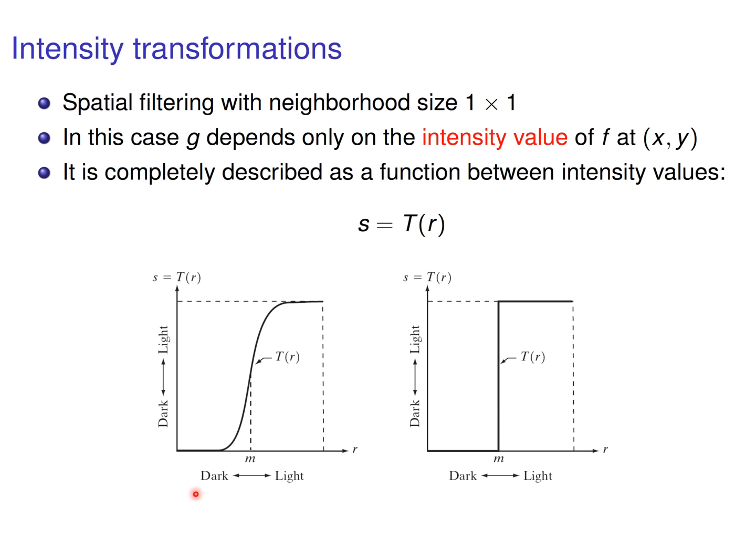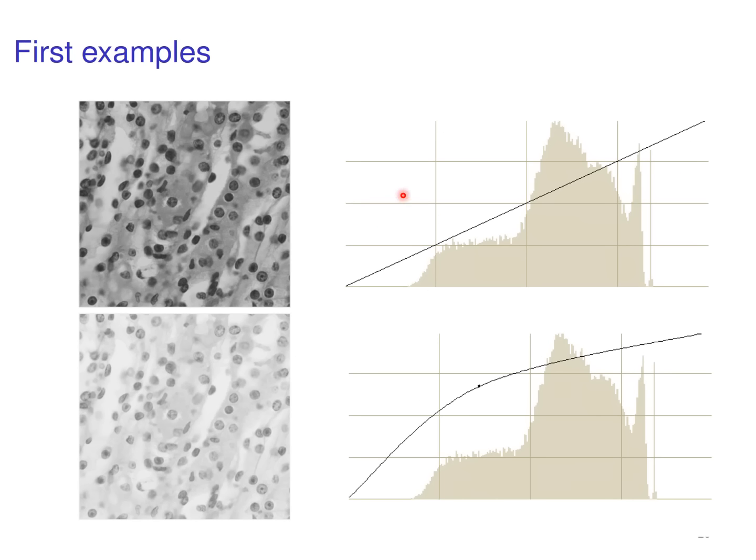Let me show you this. See these two functions. I'm going to show you how we can use a function like this to increase the darkness of pixels, or reduce the darkness and increase the brightness. Does that make sense? So I'm going to come up with a filter or a function that performs on an image. Here's the example, bear with me. This is an image of cells.